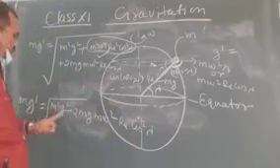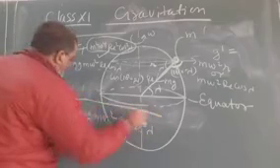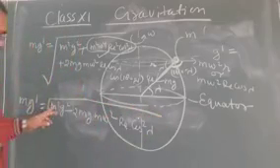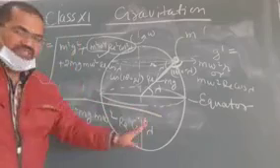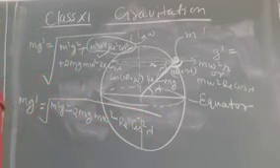So this will be the equation: mg dash equals the square root of m square g square minus this much. Okay, write it down.